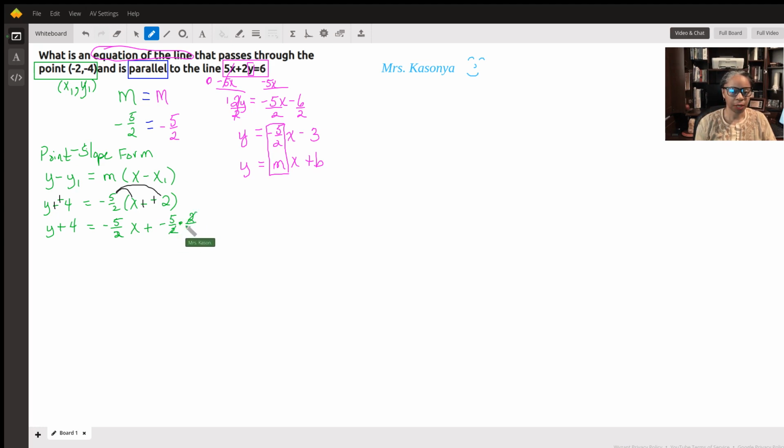The 2's cancel out, and let's see what that comes out to be. The y plus 4 remains y plus 4. Negative 5 halves x remains negative 5 halves x. Now, the 2's canceled out, and now we've got a negative 5 times 1 over 1 times 1, which is a negative 5.